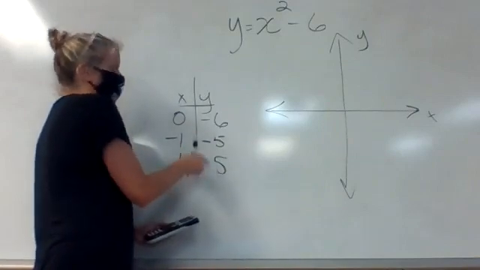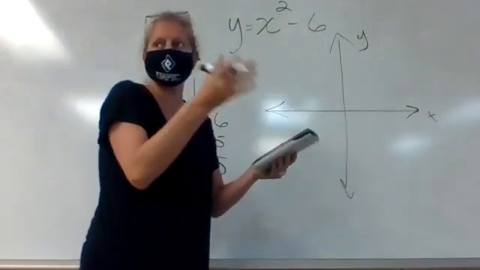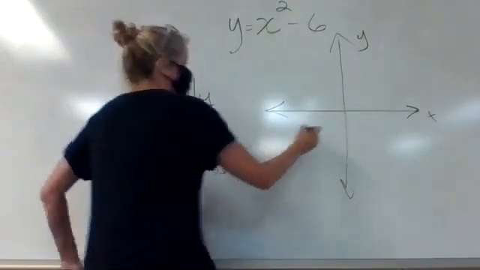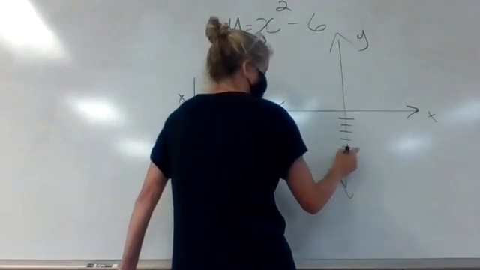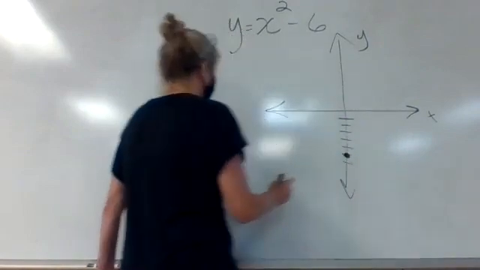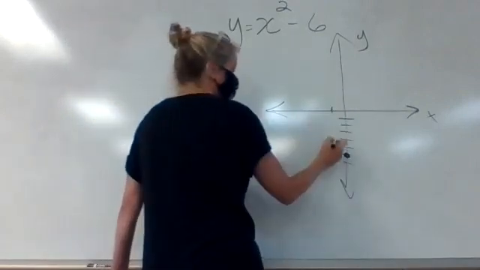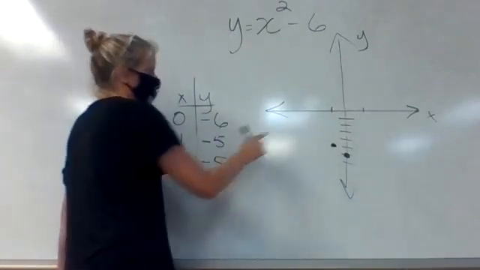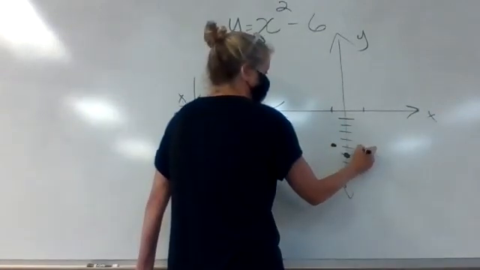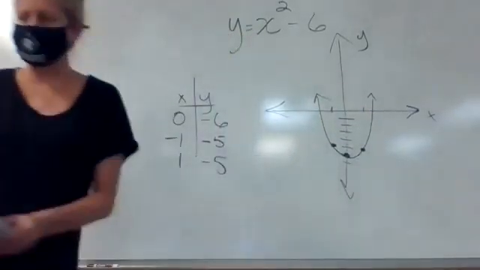When I know it's a U shape, I always like to find 2 y's that are the same, because that's what's going to make the mirror. So 0, -6: just down 6. Then to the left 1, down 5. And the other one is +1, -5, so that's to the right 1, down 5. And then there's your U shape.